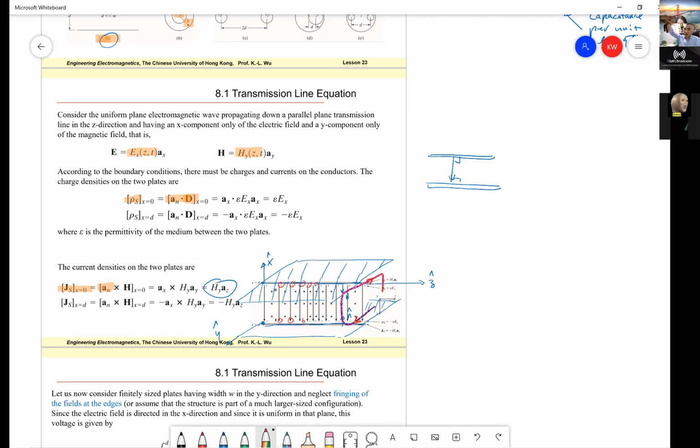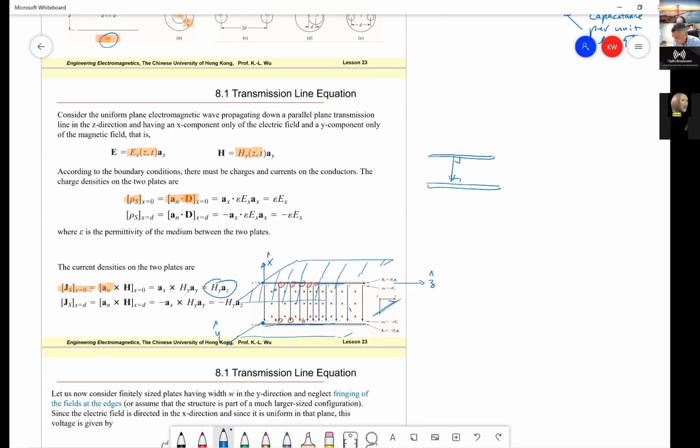So N cross minus Y, the current, sorry, the magnetic field. Okay, I take it back.